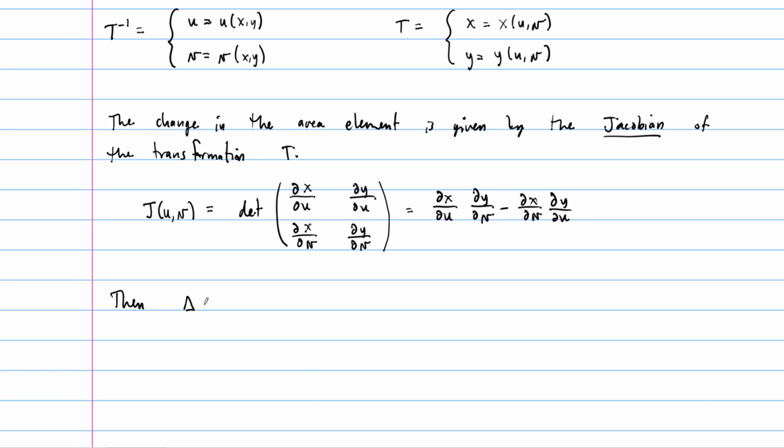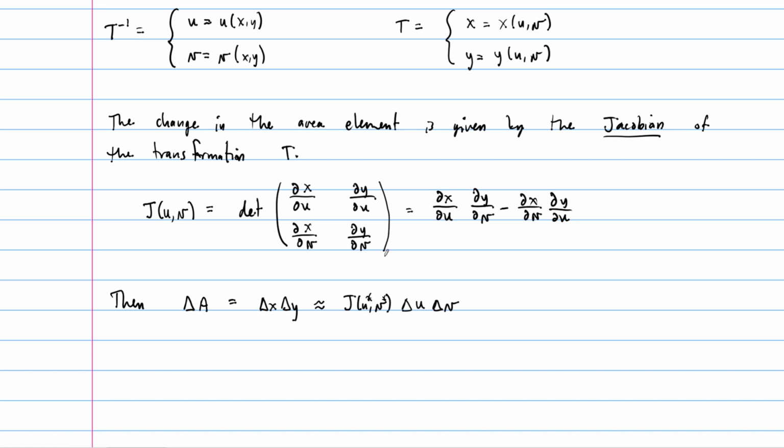So delta A, the area, which is equal to, in rectangular coordinates, delta x times delta y, is going to be about equal to J of uv at some test point, put stars here, always test points when you have deltas, times delta u times delta v. So that's how this is going to work.